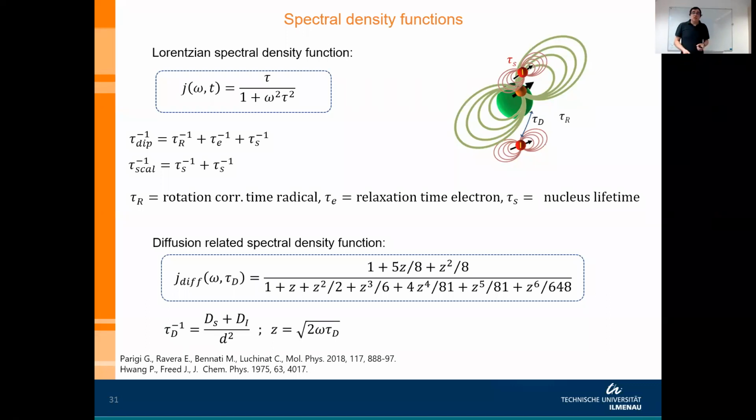Basically, the translational diffusion correlation time is related with the relative movement of both species here. That's why it is described like this, as the sum of the diffusion of the nucleus and of the radical, the molecule containing the electron.